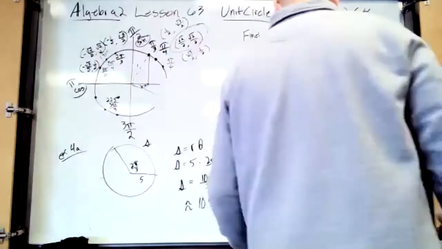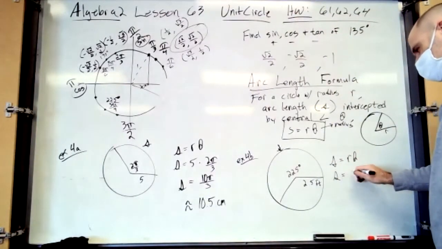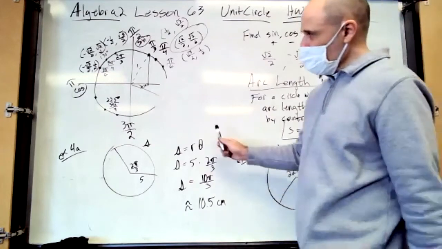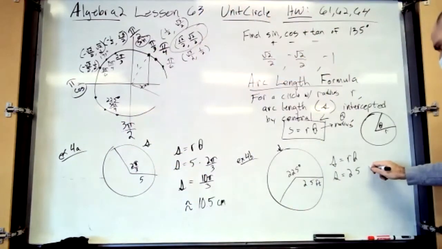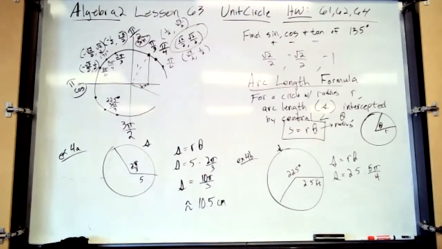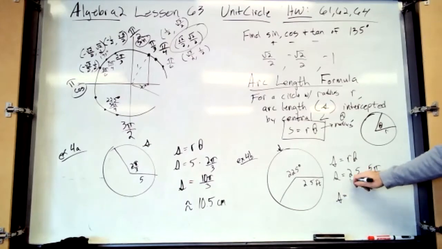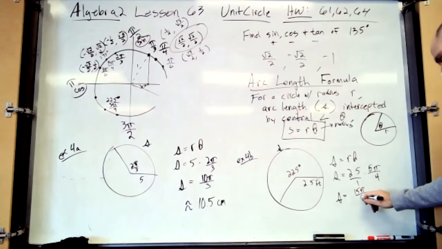All right, so let's do it. Let's just plug it in. S equals r theta. So S equals 2.5 times theta. Well, theta, if you look on your unit circle at 225 degrees, it's 5 pi over 4. So 5 pi over 4. And that's it. I can reduce if I want to. That's technically 2.5, so 3 halves. No, not 3 halves, but 5 halves.